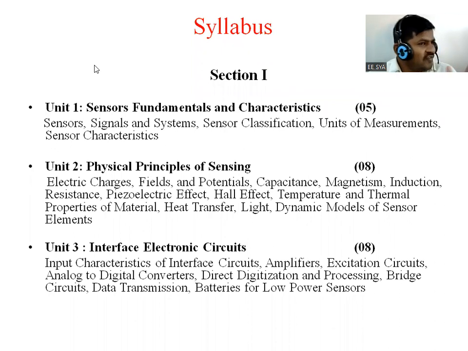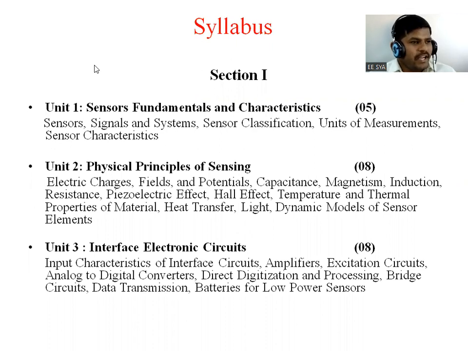Okay. To fulfill our solution, or to give one solution, we want to use some circuitry to interface that sensor with that circuit. Okay, so there is interfacing design. This can be understood by understanding the input characteristics of the interface circuit.